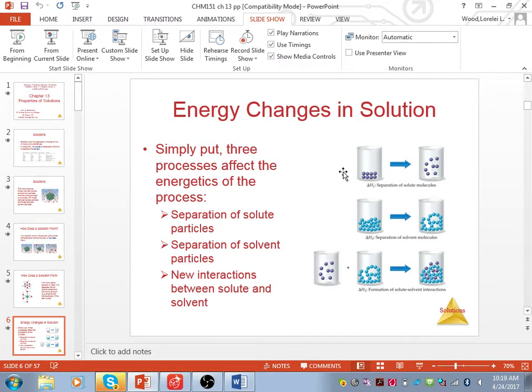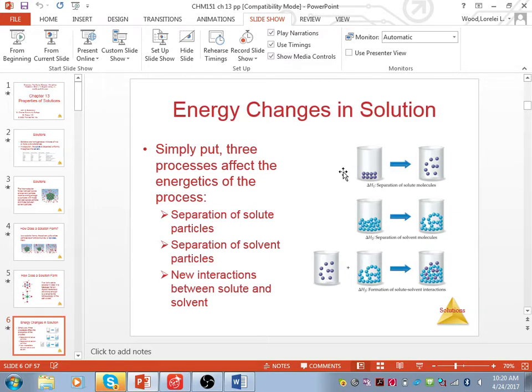You're going to talk a lot about that in Chem 152. In fact, we relate this idea of disorder to Gibbs free energy, which is delta G equals delta H minus T delta S. And that relates this idea of entropy.